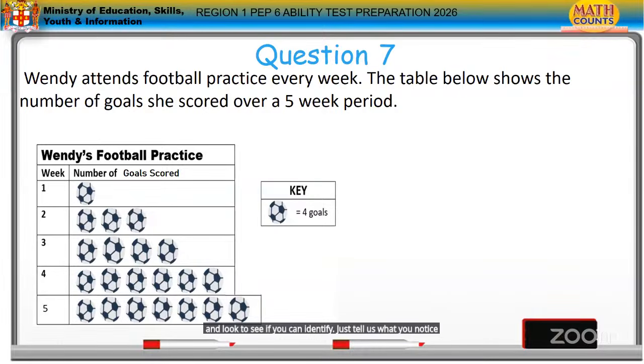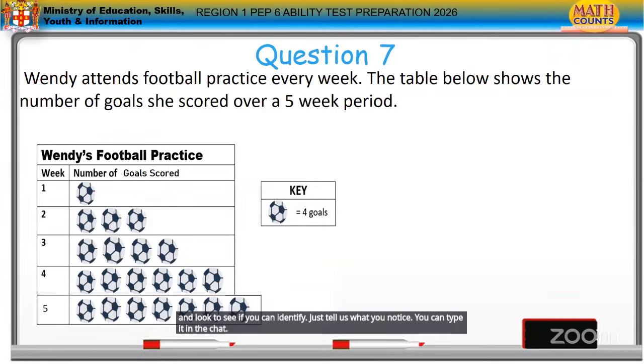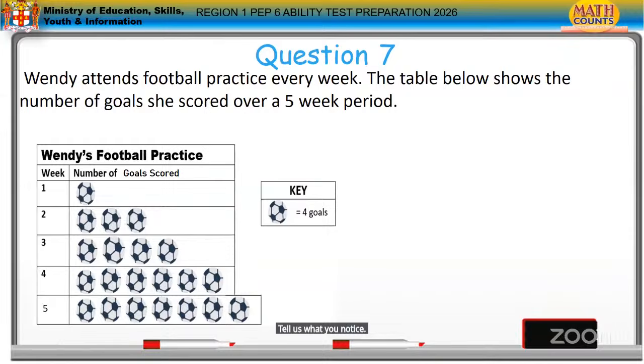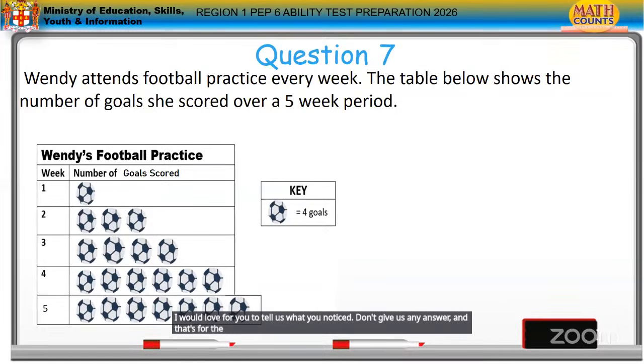You can type it in the chat. Tell us what you notice. Don't give us any answer. That's one of the reasons why we have not revealed the options as yet.